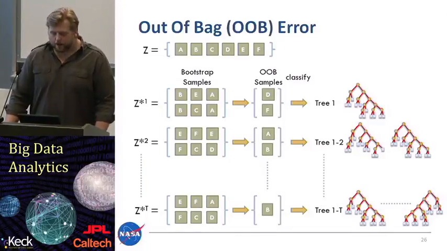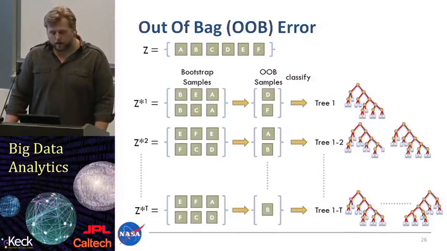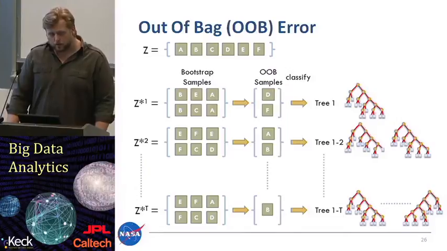The out-of-bag error comes from the fact that when you draw samples in a bootstrap procedure from your set of samples, you always have samples which are left over and not used.